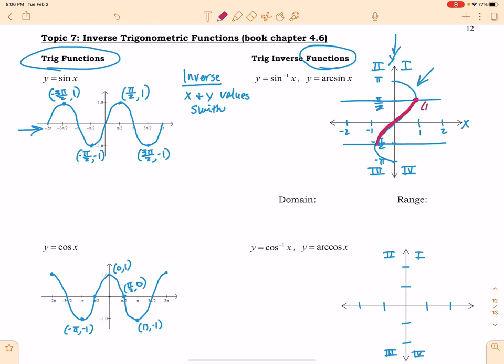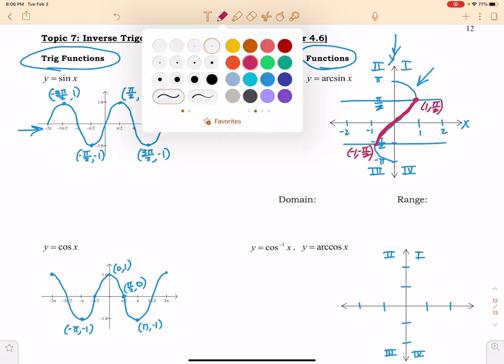This ordered pair would be 1, pi over 2, and this one is negative 1, negative pi over 2. So that means I'm going to be restricted to specific quadrants in my unit circle. I will talk to you more about those here in just a moment.